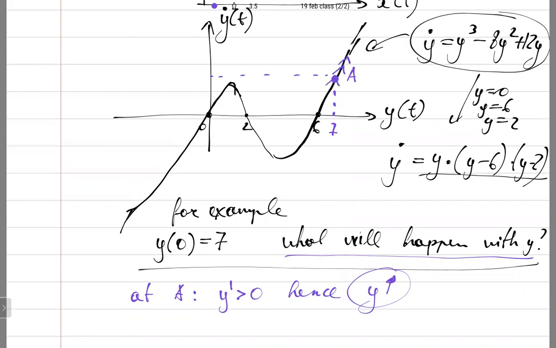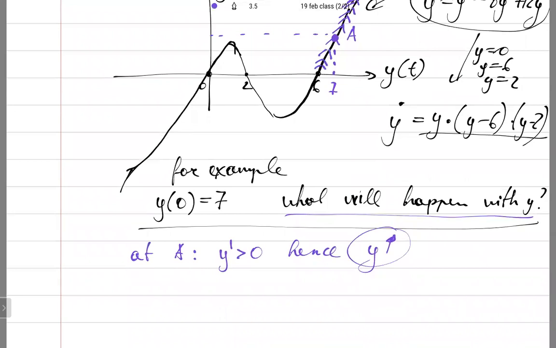So my two indicators, y prime and y, will remain linked by this line, and I will move in the upper right region of my phase diagram. Okay, any questions? No questions, everything okay.